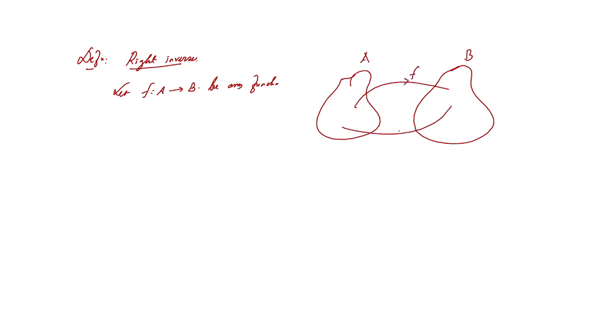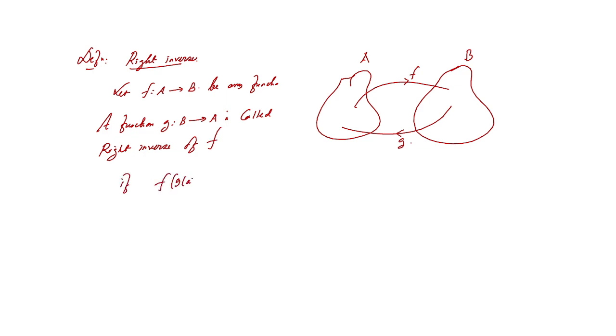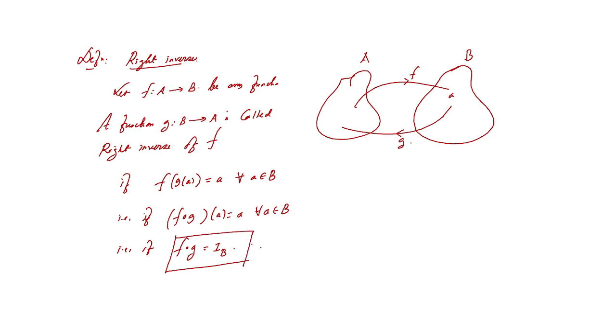Another map we deduce here is g from B to A, which is called a right inverse of f if f of g of a equals a for all a belongs to B. That is, if f composed g equals the identity map on B. This is basically the definition of right inverse.